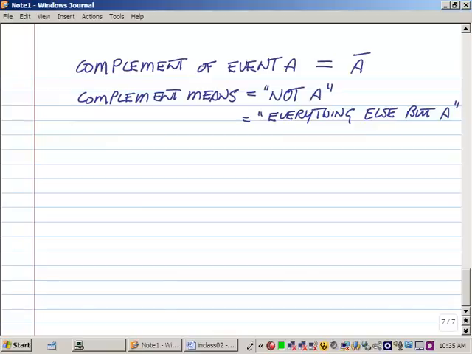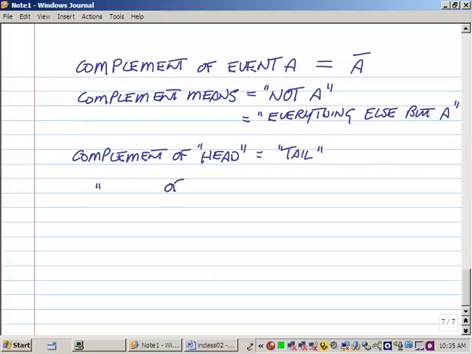Okay, so in other words, the complement of the head on a coin toss is tail on a coin toss.